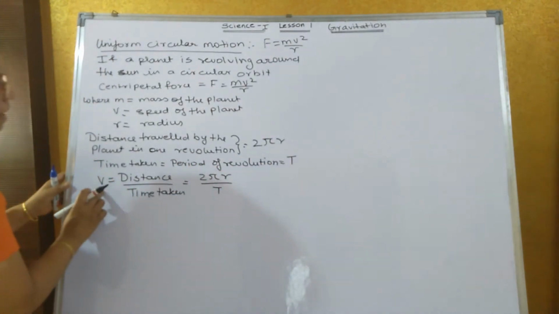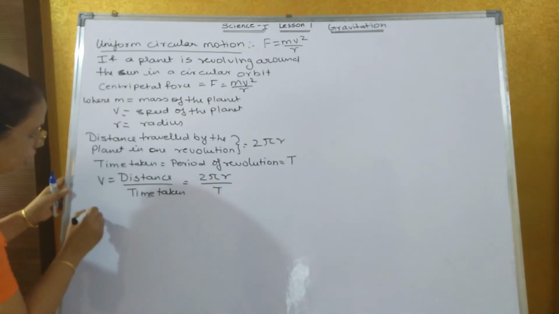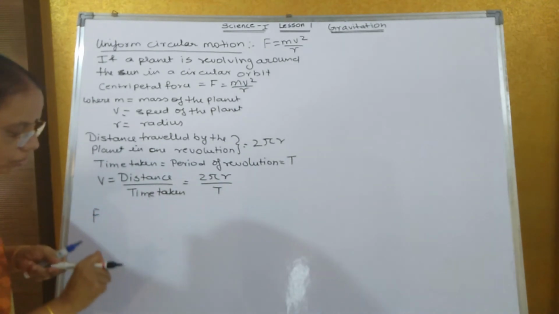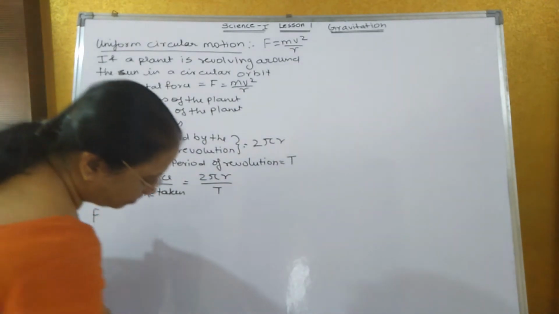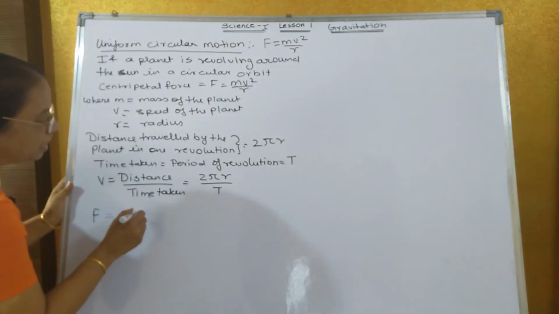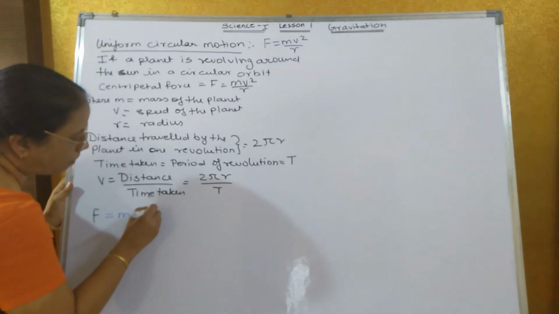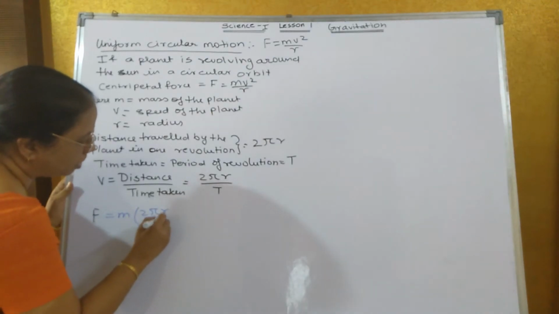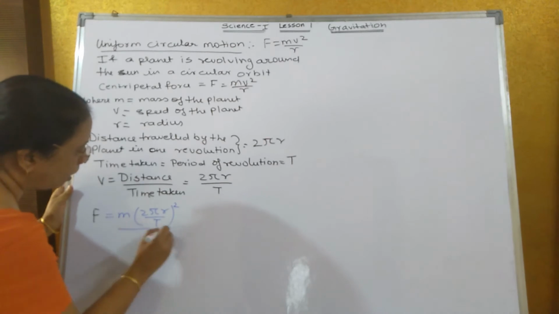Now put this value of v in this equation. So what will you get? F is equal to m, and instead of v you put 2 pi r upon t, the whole square, upon r.